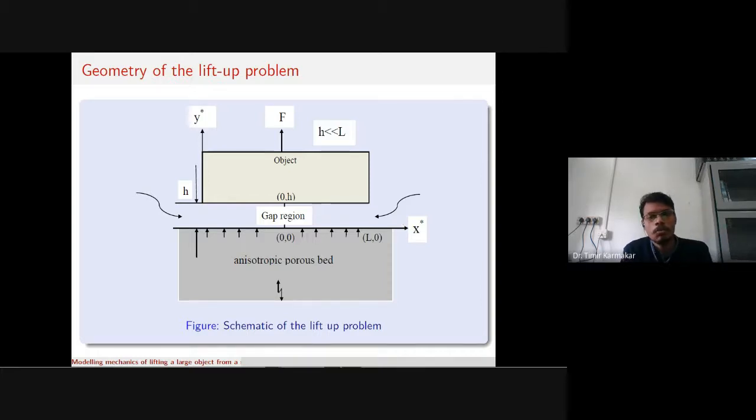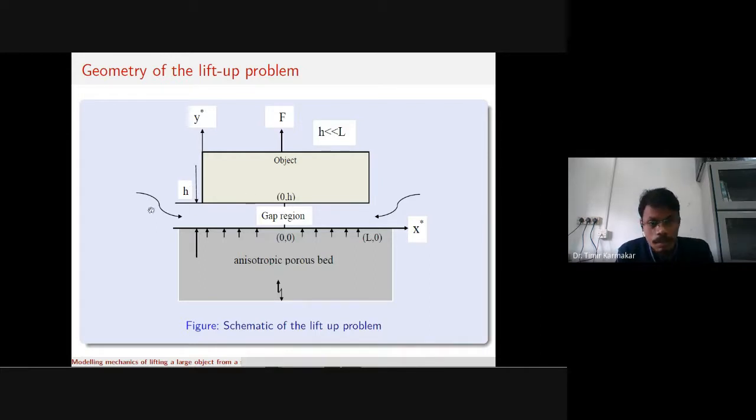This interface, the x-axis, is called the mud line, and near it the suction force will act. Definitely we have to give an upward force. If this upward force is greater than the suction force, then we can lift the object up easily.